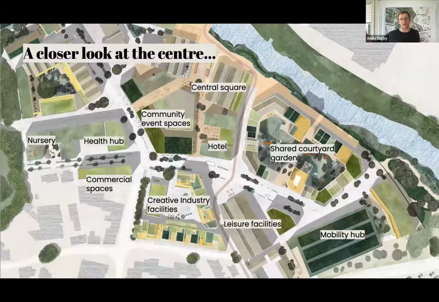So looking a little closer, we're creating a centre. We're creating a place that has a heart, which comprises a lot of the things that I've just mentioned, but also hotel, workspaces, retail, cafe, restaurants, offices, nursery, gym, all the things that you'd expect to find in a community with a heart.